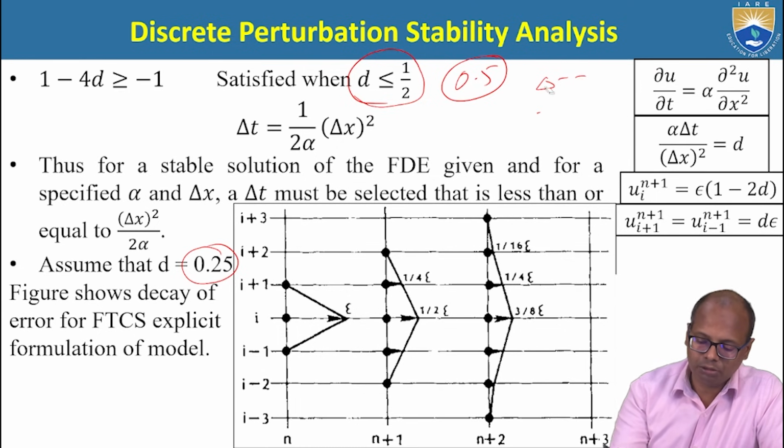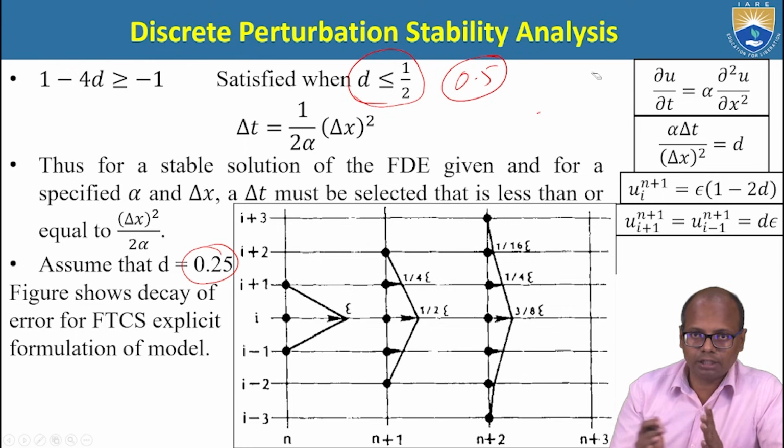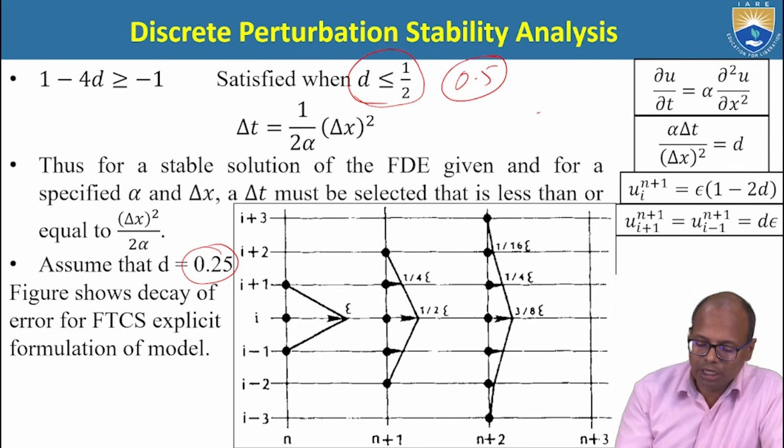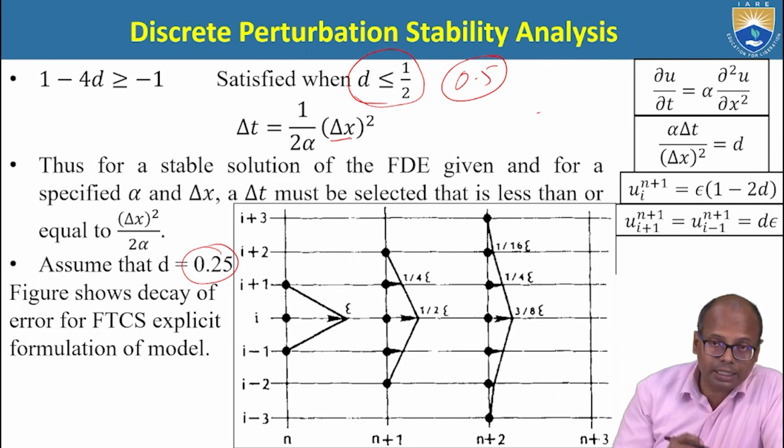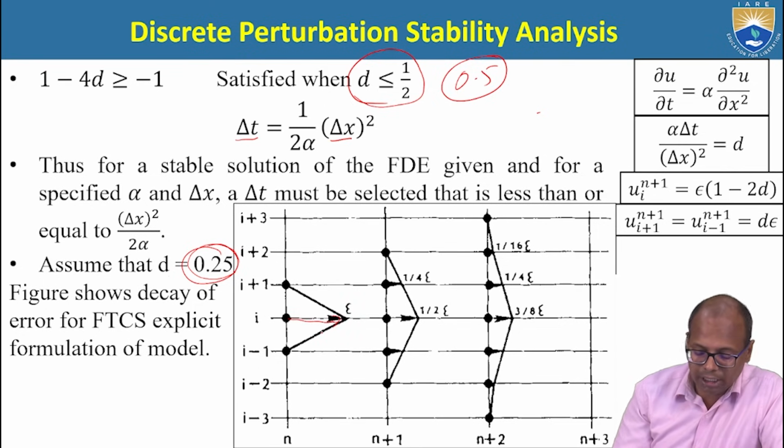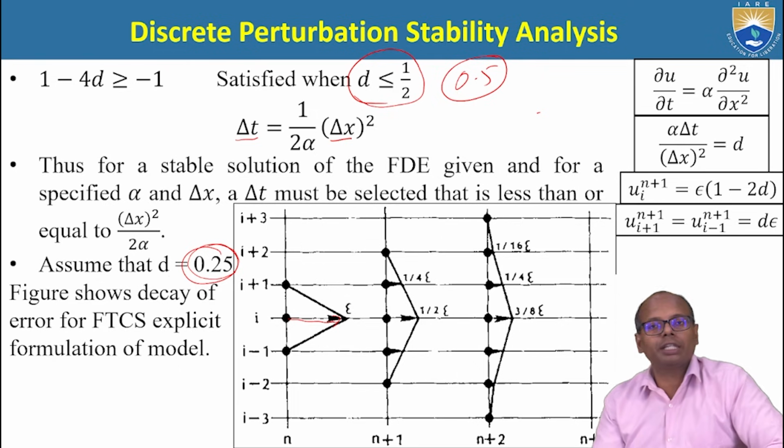For a particular nodal distance, the grid size, for a particular delta x value, what should be the delta t value? We are deciding by this, and when we take d equal to 0.25, the error initially will be this much. At the n plus 1th node it will reduce, at the n plus 2th node it is further reduced, and like that it will go on decaying.